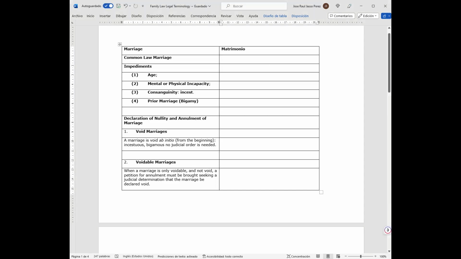There's no such thing in Spanish, but we can use a very similar concept called concubinato.